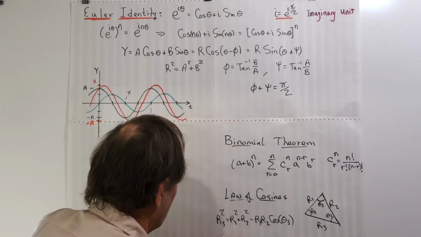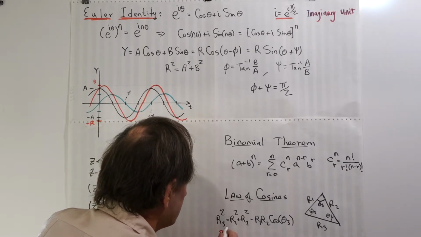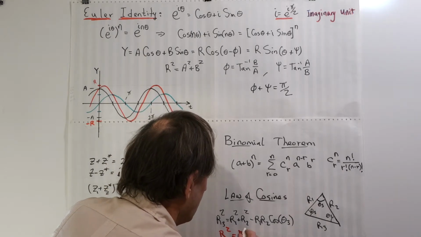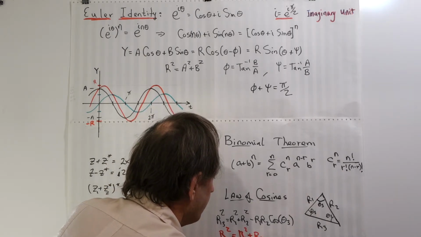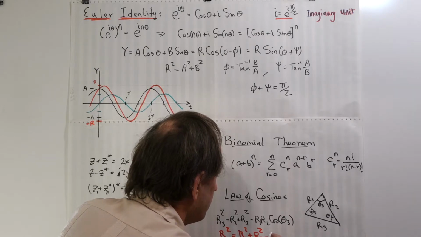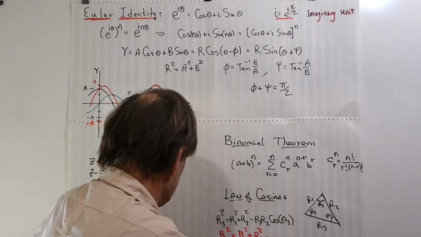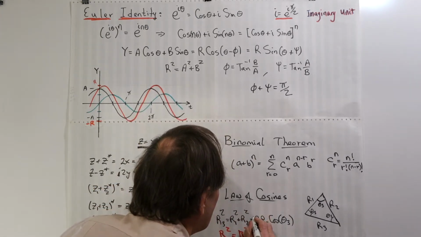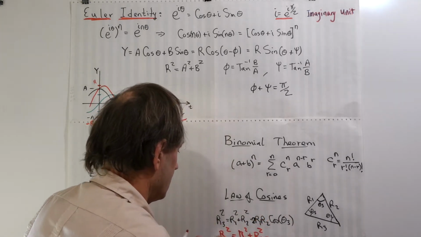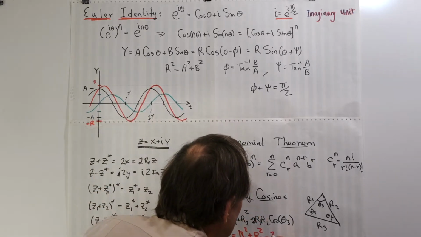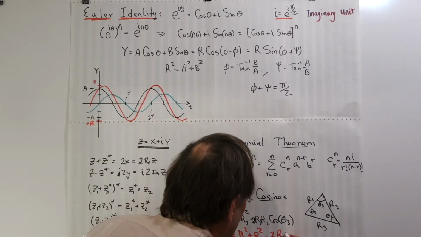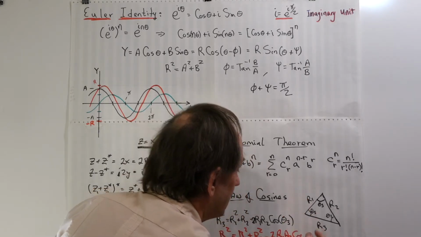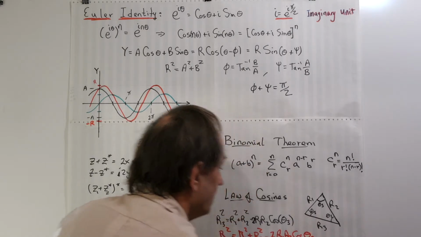In a like manner, I would write R2 squared equals R1 squared plus R3 squared minus twice the product of R1 and R3 times the cosine of the angle between R1 and R3, which is theta 2.